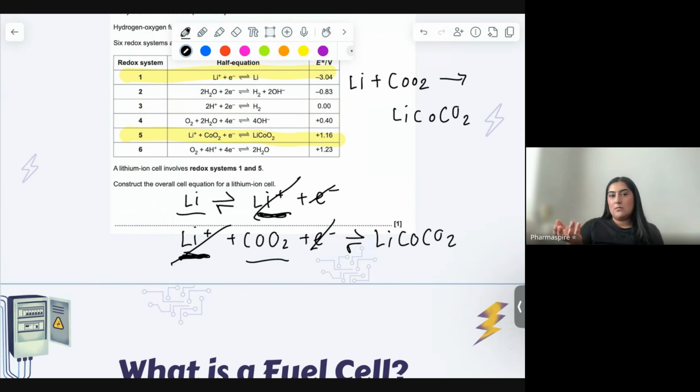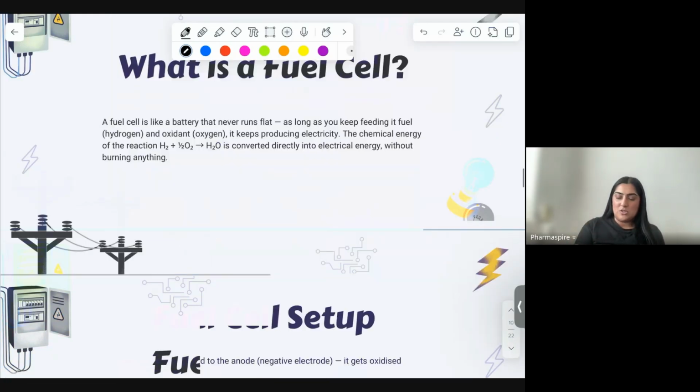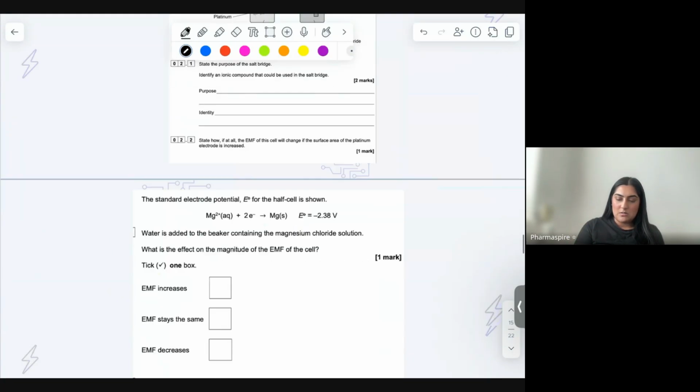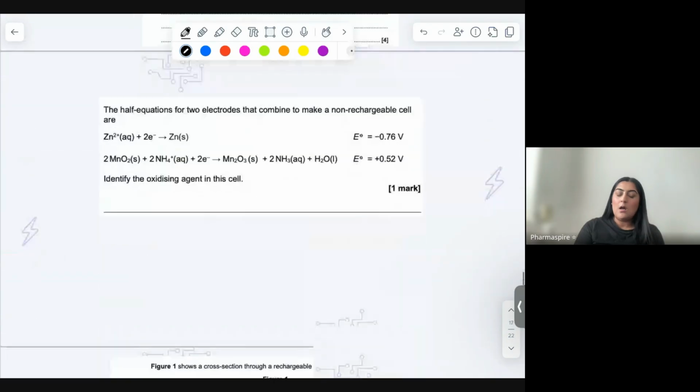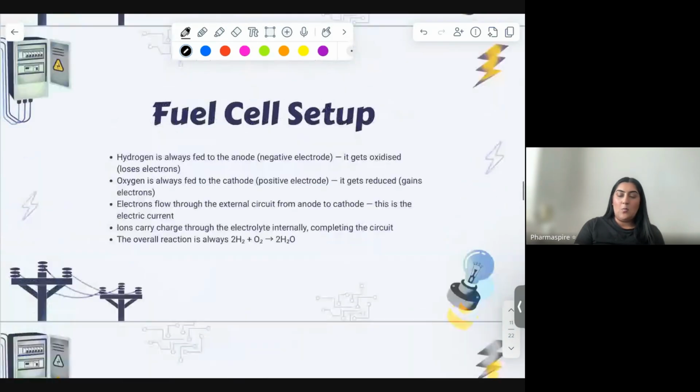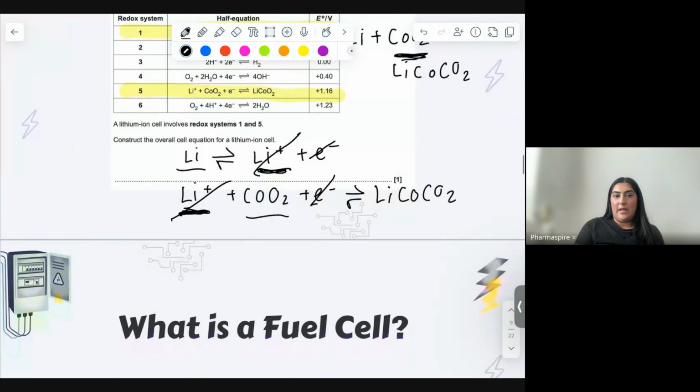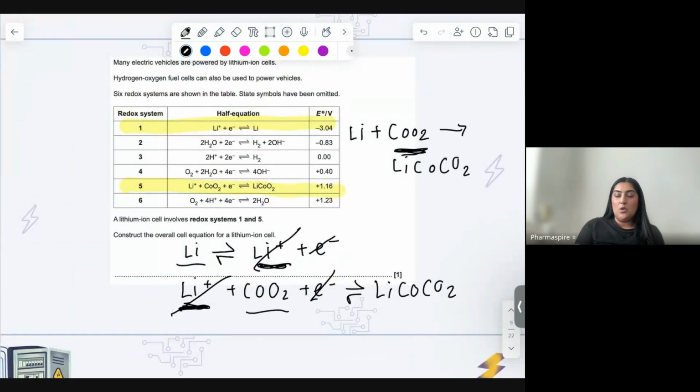If they ask for the positive and negative electrode, that's when you write the half equations. If they ask what's at the positive and what's at the negative, you have to look at what it's going to, and that's how you'd figure it out.